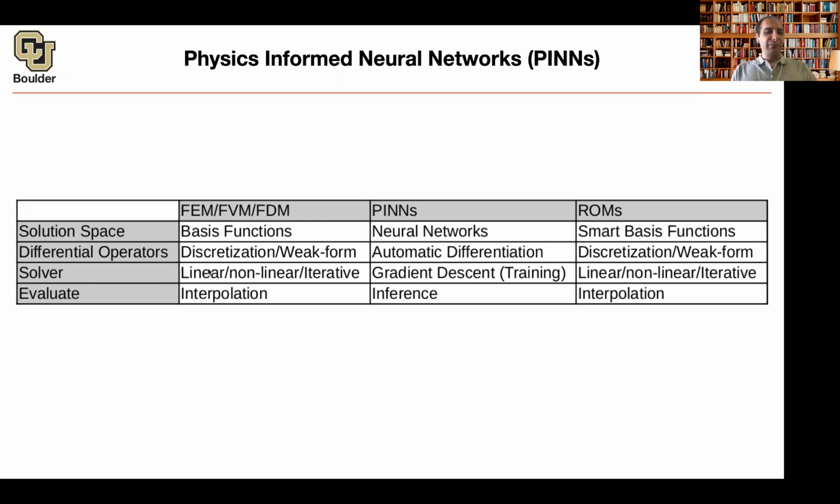But then the solvers for your differential equations for finite elements are going to be much more efficient. For instance, after you write down your system, you might end up with a linear system of equations that you're going to solve with linear algebra software. Or you end up with a nonlinear equation that you're going to solve using iterative schemes, etc. So this is how I would compare PINNs to finite elements.